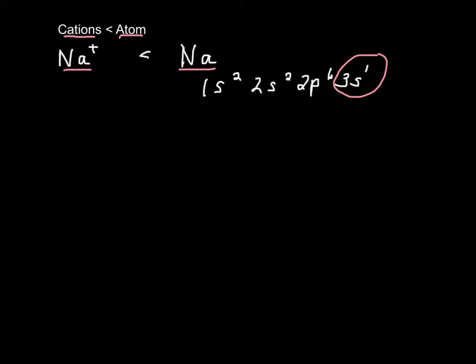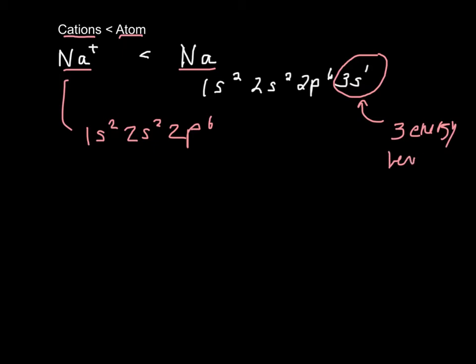So sodium ion is going to have an electron configuration of 1s2, 2s2, 2p6. So if you look, sodium has 3 energy levels, okay, and sodium ion has only 2 energy levels. So it makes sense 3 energy levels would be bigger than 2 energy levels. So sodium is bigger than sodium ion.